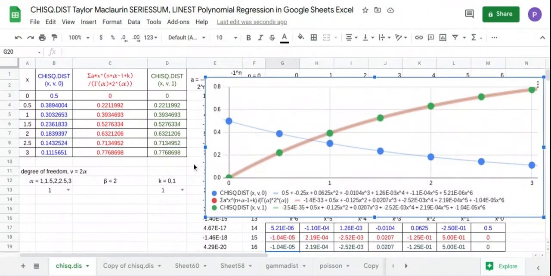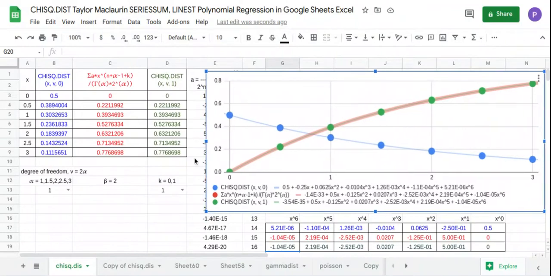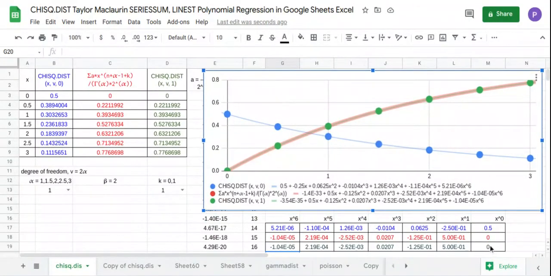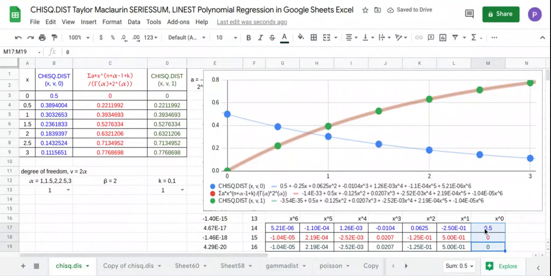So here you find coefficient x to the 0: 0.50, this is 0, 1.4 times 10 to the minus 33, 3.54 times 10 to the minus 35, that's already 0. x1, that's 0.25, which is also negative 0.25, and this is 0.5, which is already 0.5.